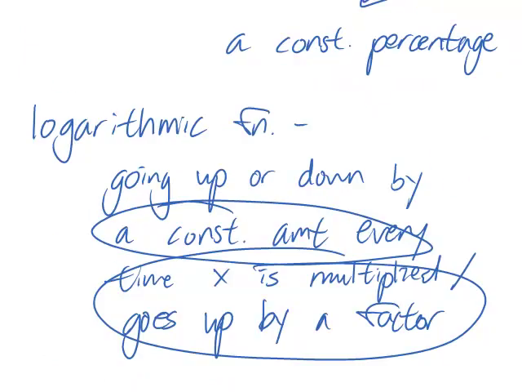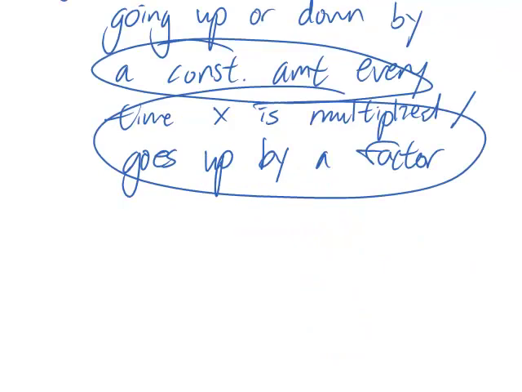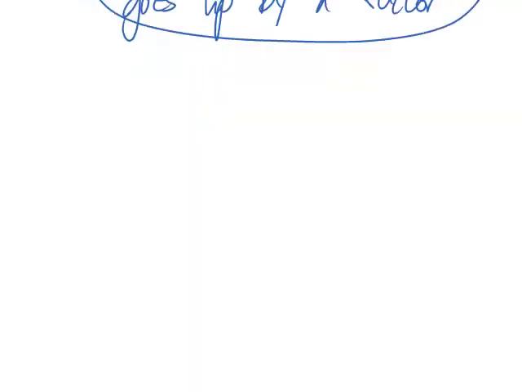It's kind of dumb. Well, sometimes we want to make something logarithmic on purpose. For example, we have the Richter scale for earthquakes.